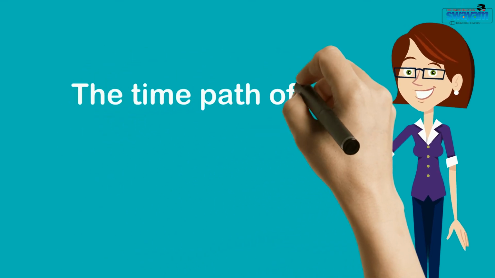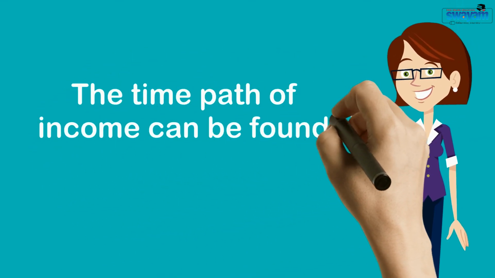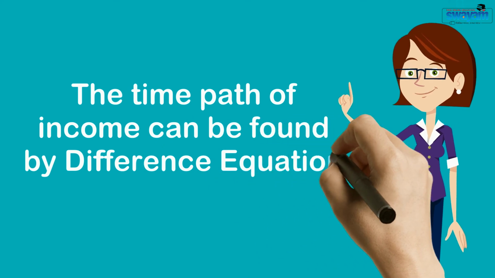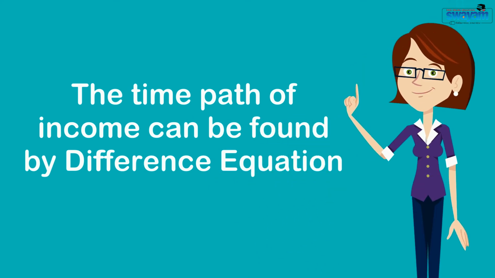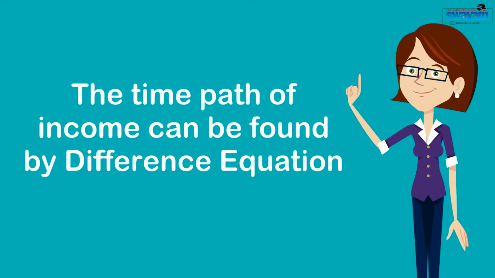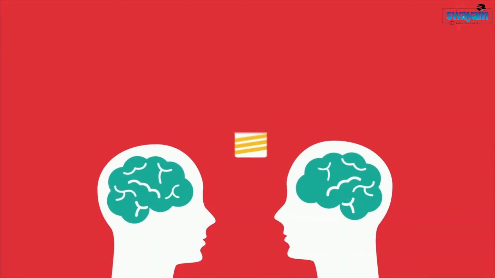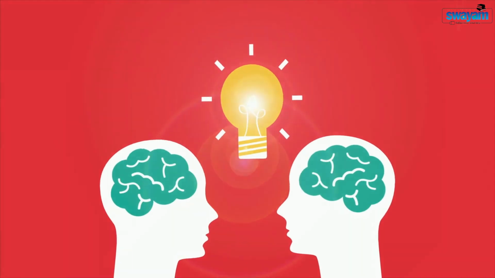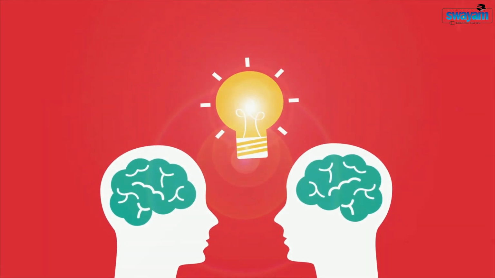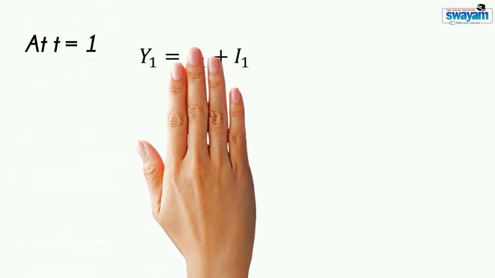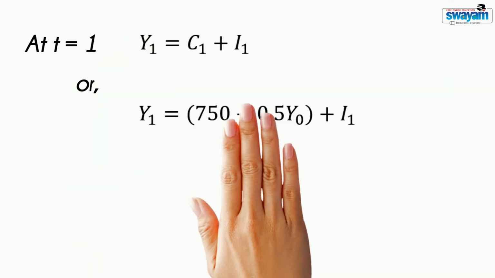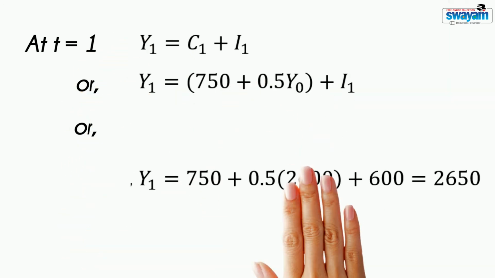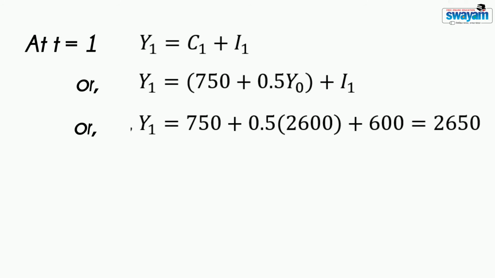The time path of income can be found by difference equation. Can you find the different values of Y at different time periods? Proceeding further, we get at T equal to 1, Y1 is 2650.